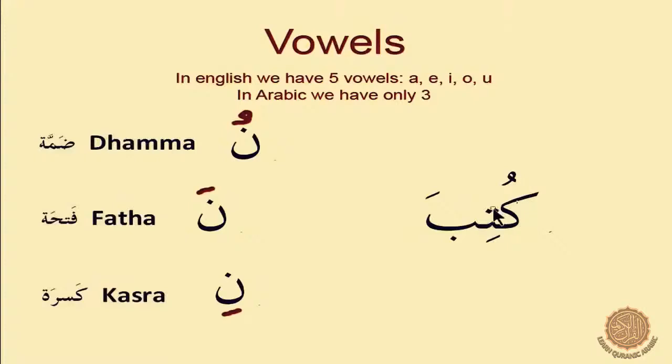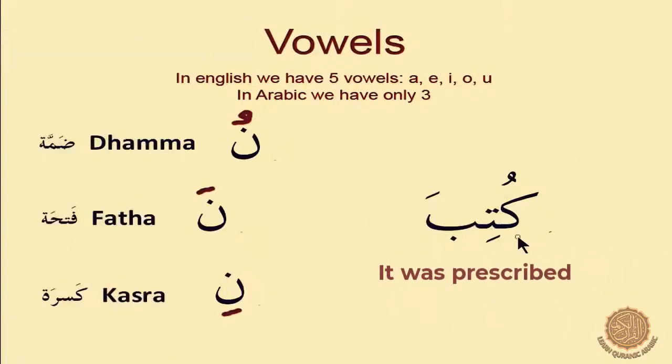So ku ti. And then we have the ba with a fatha on top. And remember, the fatha has an a sound, so that would be ba. So it would be ku ti ba. Kutiba, which means it was prescribed.